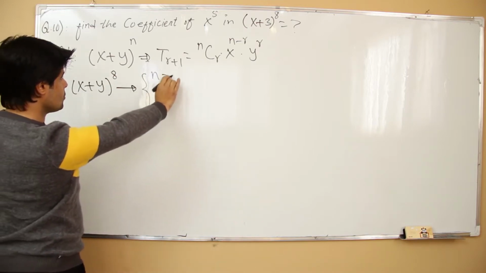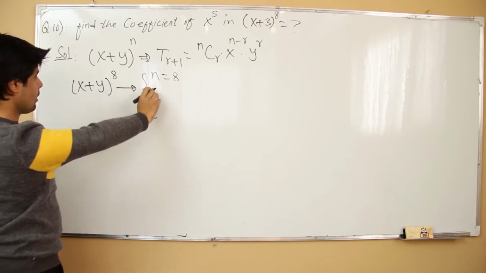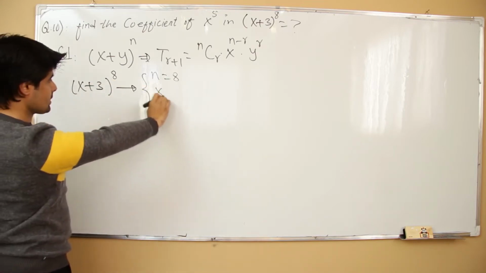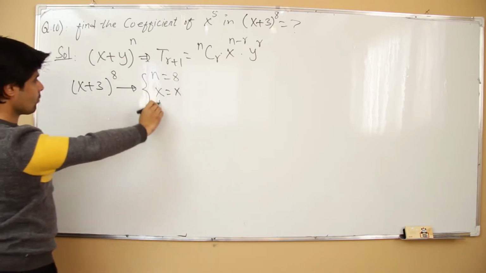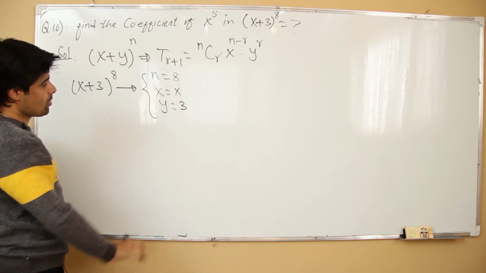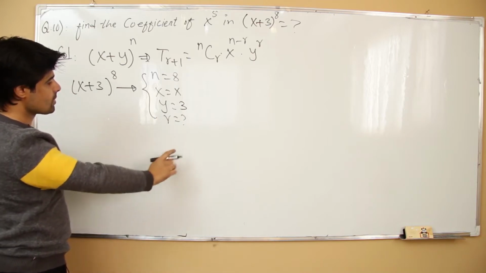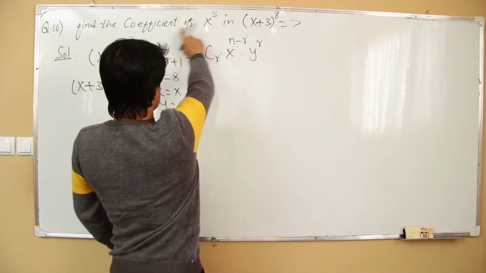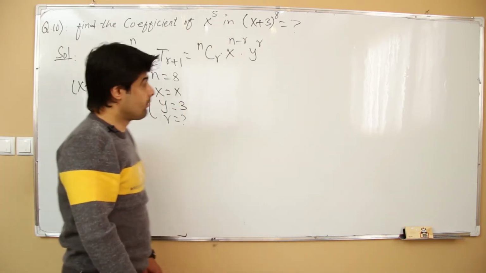You know n is 8, and it's x plus 3. What is x? X is x. And what's y? Y is positive 3. And what is r? We don't know r. First, you have to find r, then you are able to find the coefficient of x to the power 5.